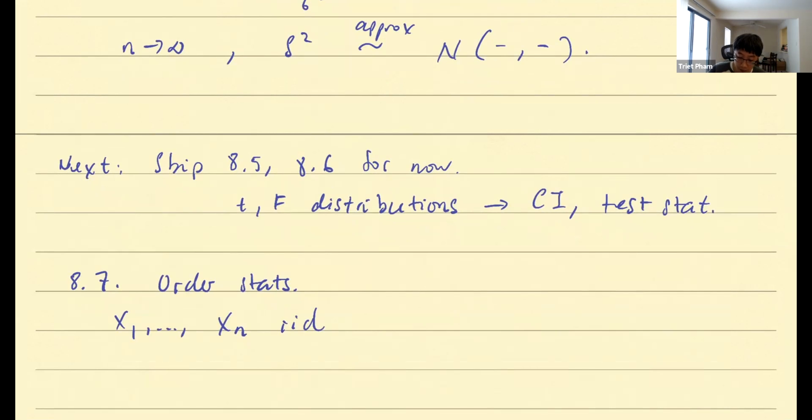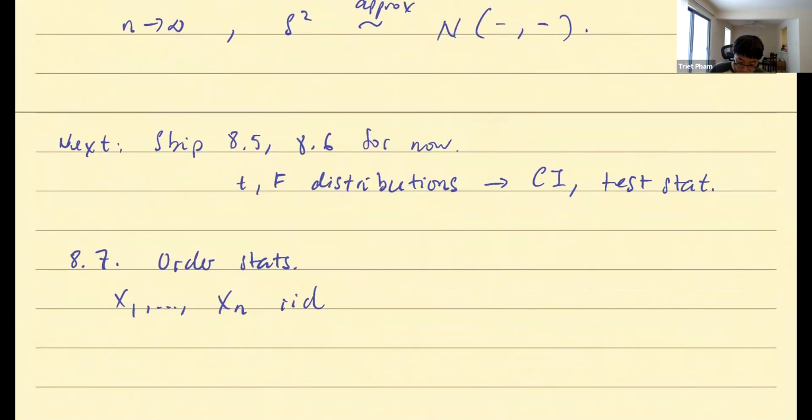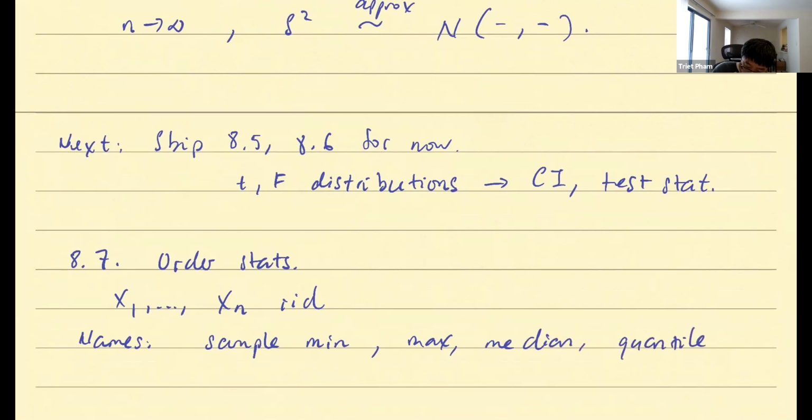First of all, names that you might hear: sample min, not sample mean, sample max, median, and even sample quantile are the names that are associated with sample statistics.